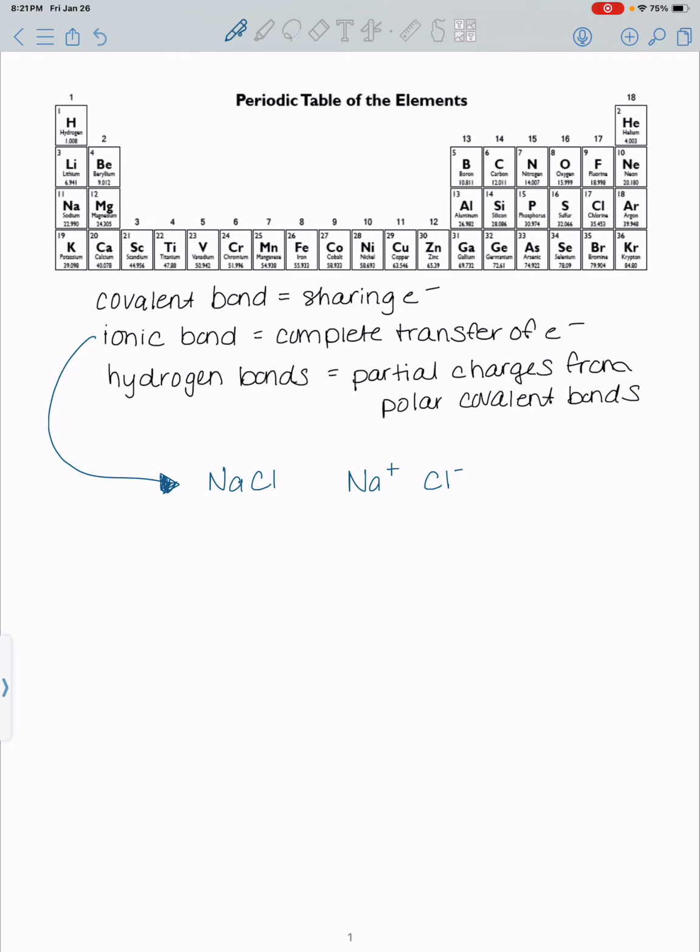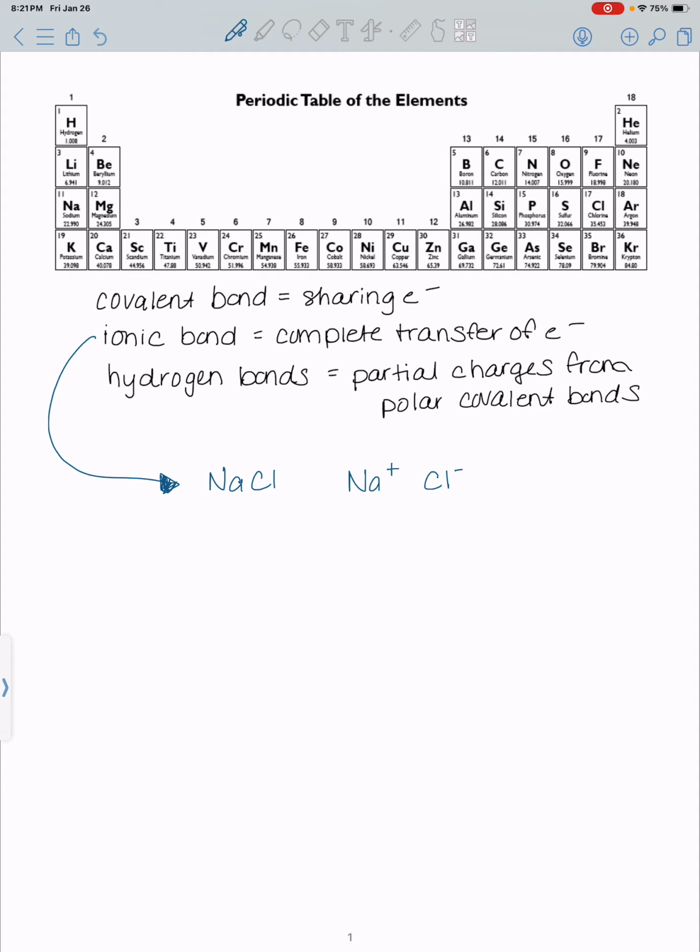Why do they do this? We reviewed the valence rule and the octet rule when it comes to electrons, and how the number of electrons in its valence shell determines the kind of bond or reaction it's going to undergo.